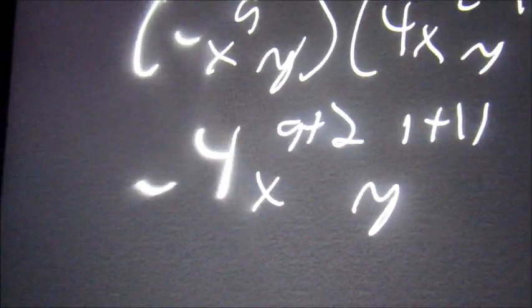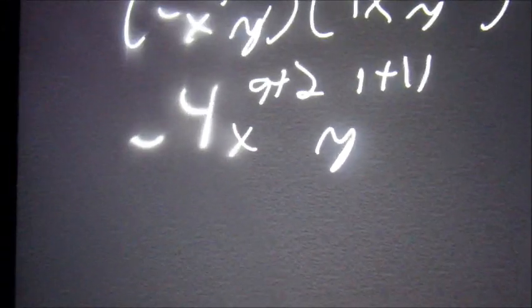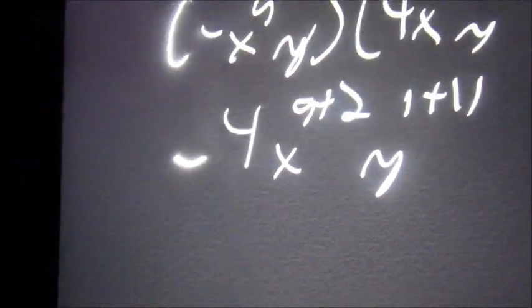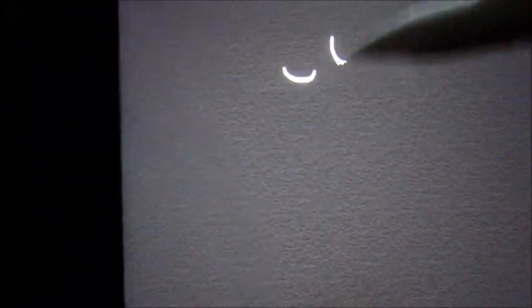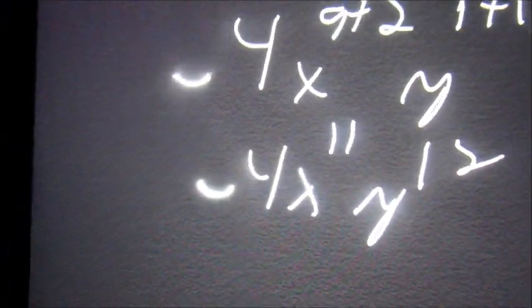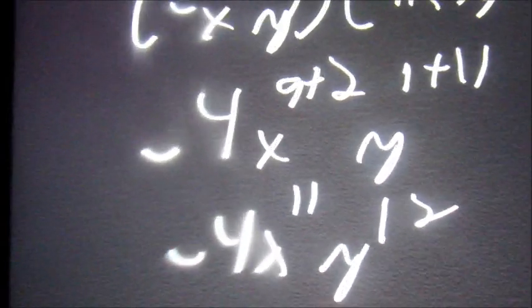Now you don't have to write this step where you're adding them. Once you get better at these, you're just going to do it all quickly. So here we still have a negative 4, x to the 11, y to the 12. Okay, so that is the product rule.